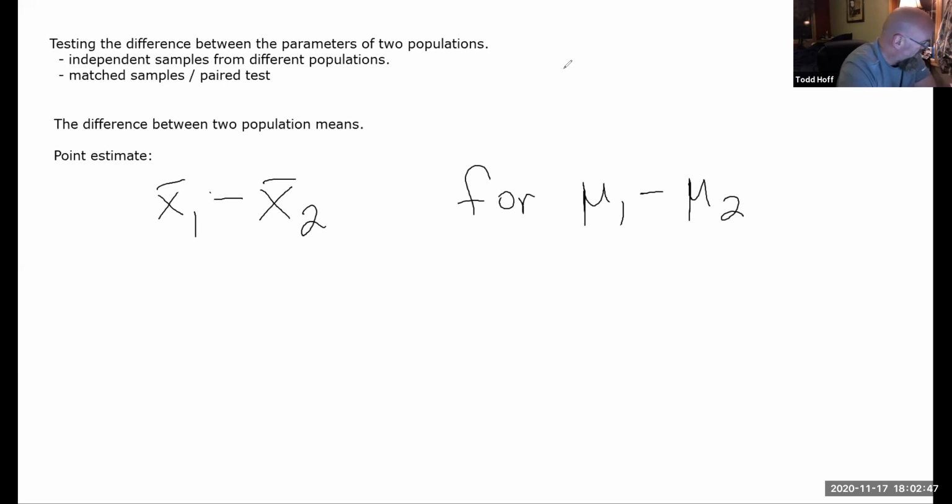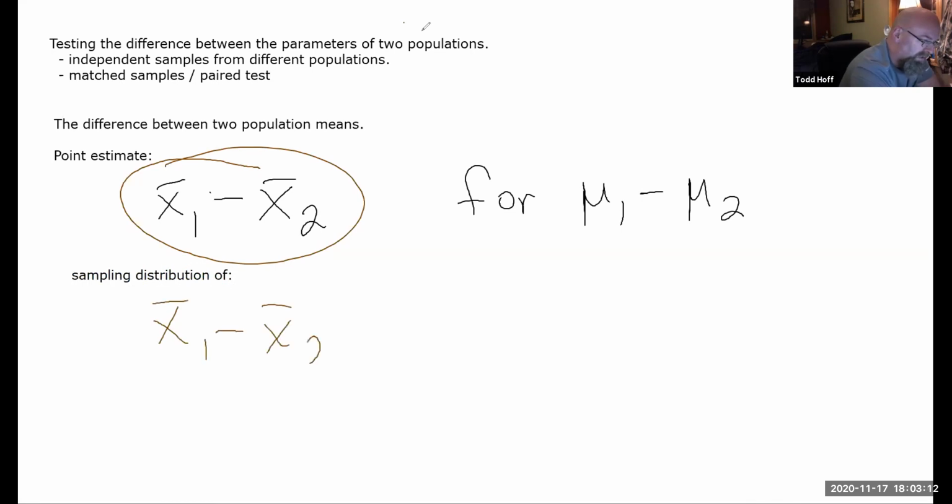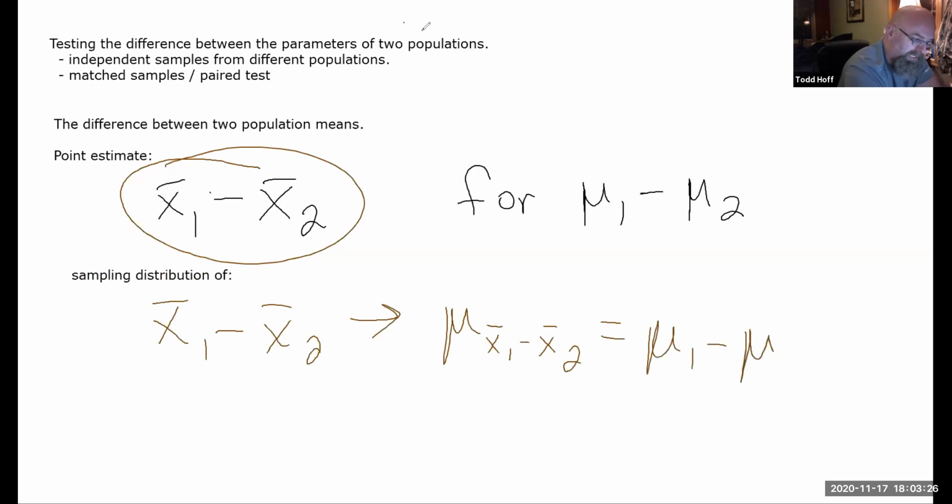Well, and it actually works out that when we look at the sampling distribution of x bar 1 minus x bar 2, it has a mean. So the mean of that sampling distribution of x bar 1 minus x bar 2 is actually equal to just the difference in the population means.